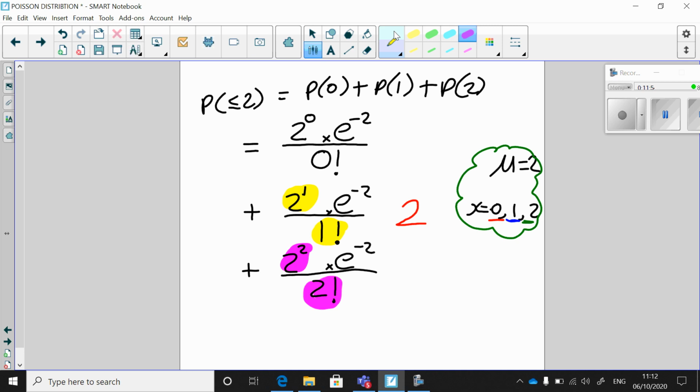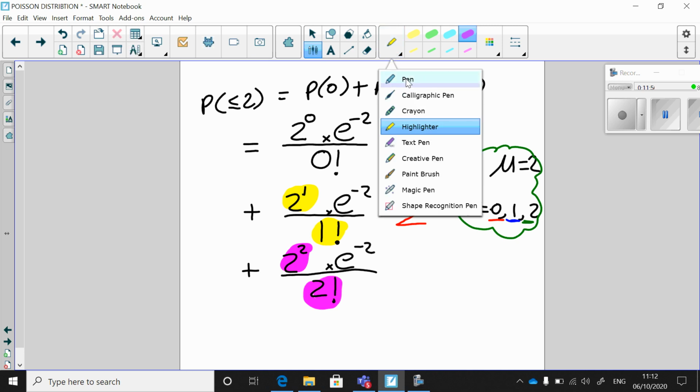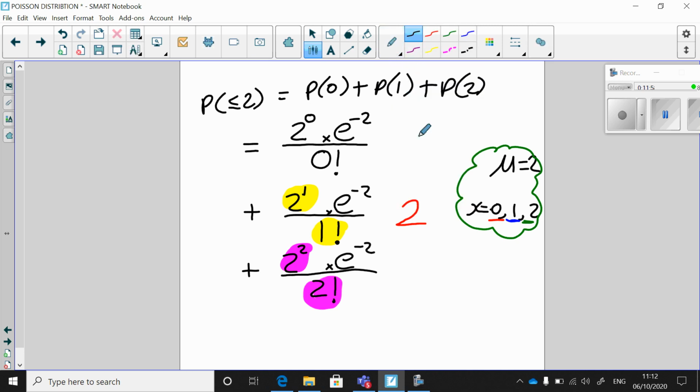So 2 squared, I'm just going to show you this. 2 squared is actually 4. And downstairs, 2 factorial is 2 times 1, which is just 2. And 4 divided by 2 is equal to 2. So for both of these, the highlighted parts come out to a value of 2.